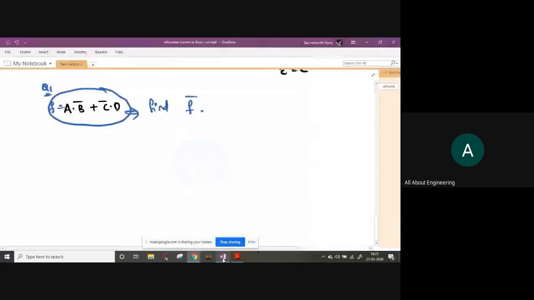Okay, it's very simple. You can follow the second approach or you can directly do it. I will do both methods. First method, a dot b bar plus c bar dot d. You should be fast at these things, because I already told you, if you are quick with Boolean algebra, then you can solve digital circuits very easily. So first f bar.